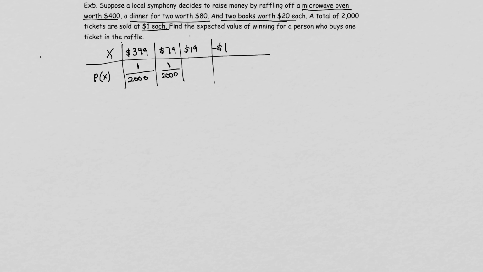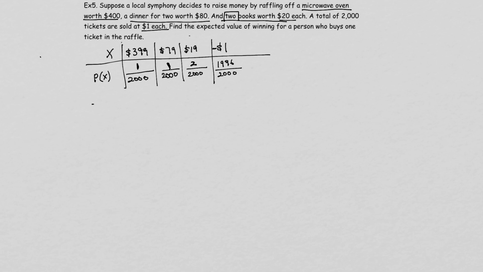And two books, so 2 tickets will be able to get a book worth $20, out of 2,000. And losing is everything else. So you have 1, 1, 2. Subtract 4 from 2,000, you will have 1,996 out of 2,000 probability.